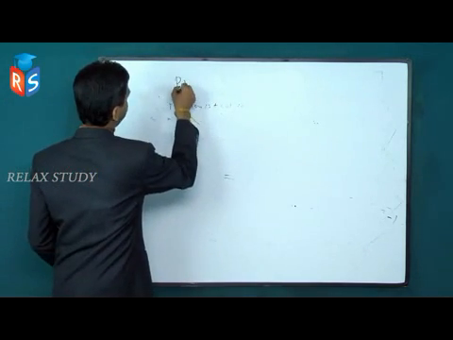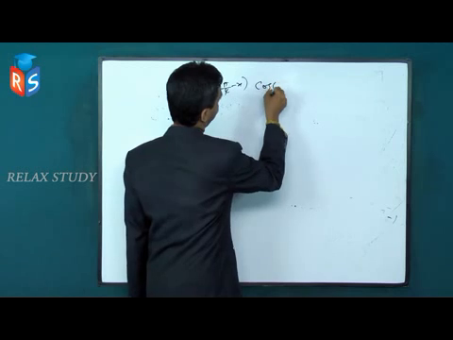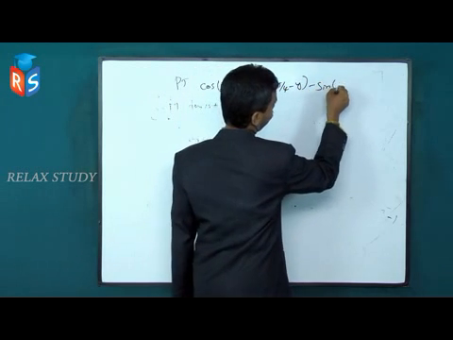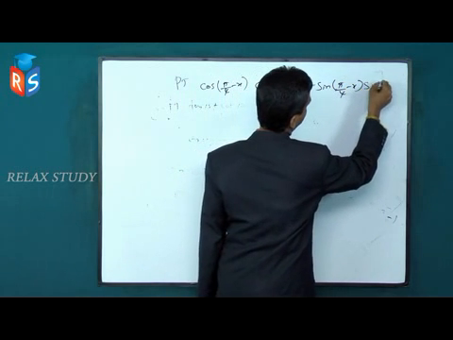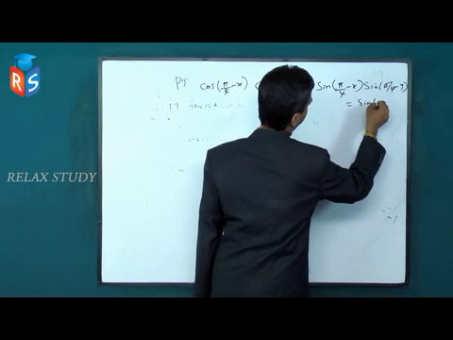Next one, prove that cos of pi by 4 minus x, cos of pi by 4 minus y, minus sin of pi by 4 minus x, sin of pi by 4 minus y equals sin of x plus y.